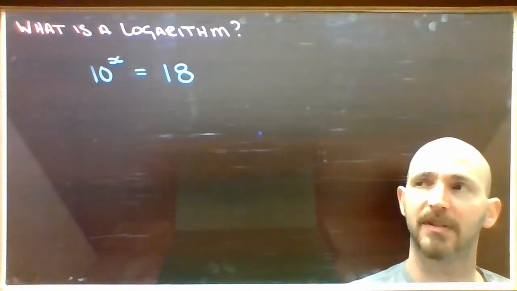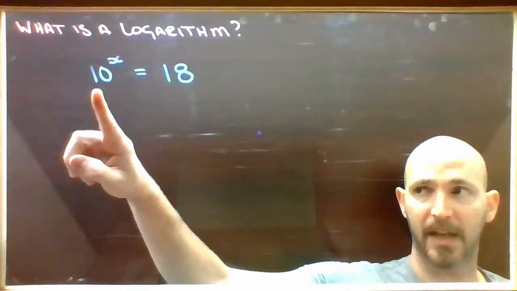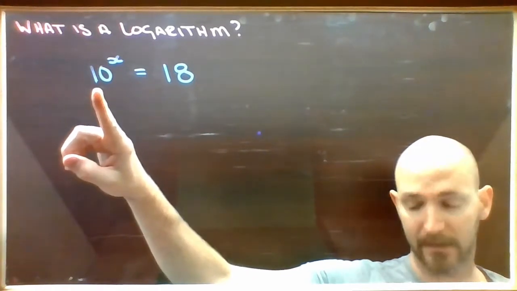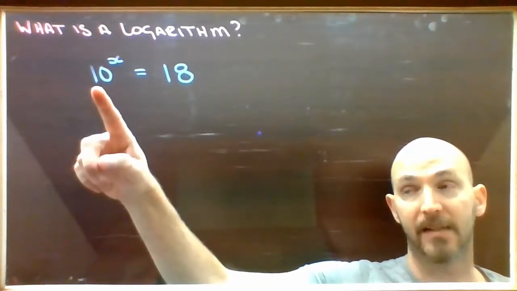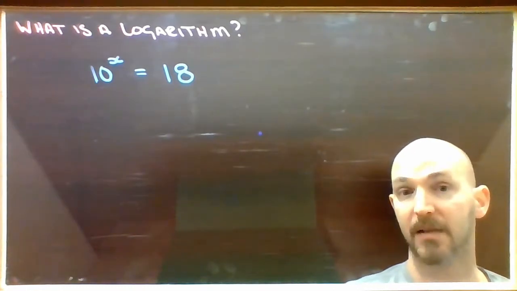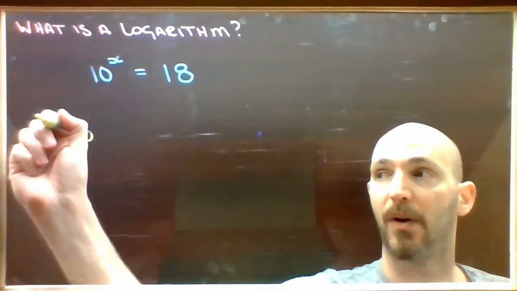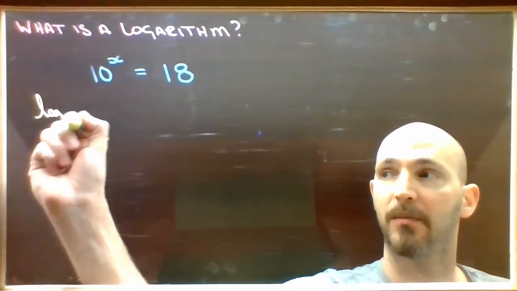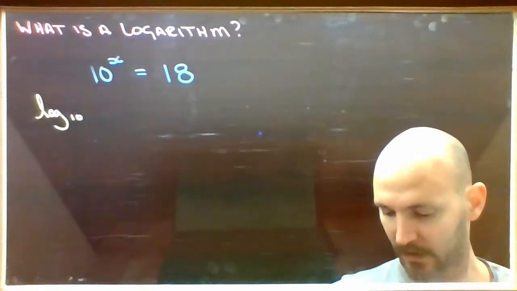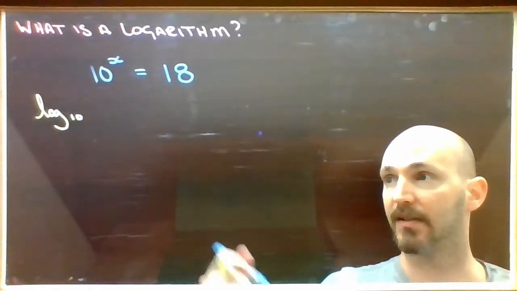So I have a base 10 exponential here, and I need to break that. The logarithm that breaks a base 10 exponential is a base 10 logarithm. So I'm going to apply log base 10 to both sides of this equation.